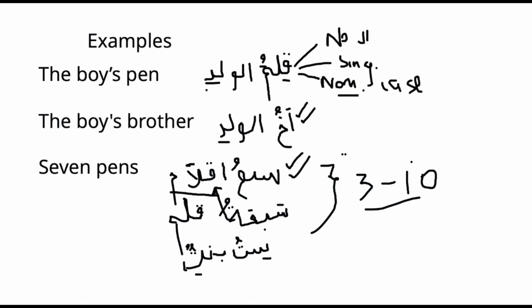So here, it doesn't have a lam, it's in the nominative case, it is singular, and because this is feminine, it will be in the masculine form. And then you know that the mudhaf ilayh will be in the genitive case with the extra tail.